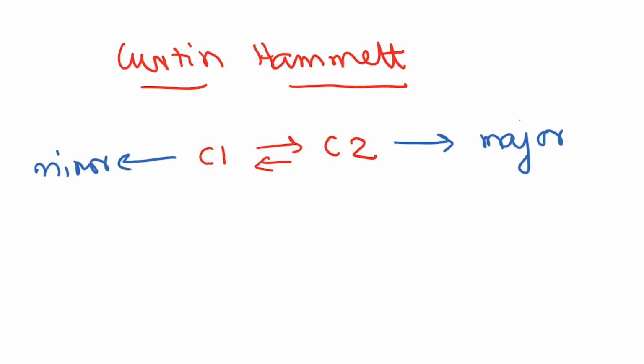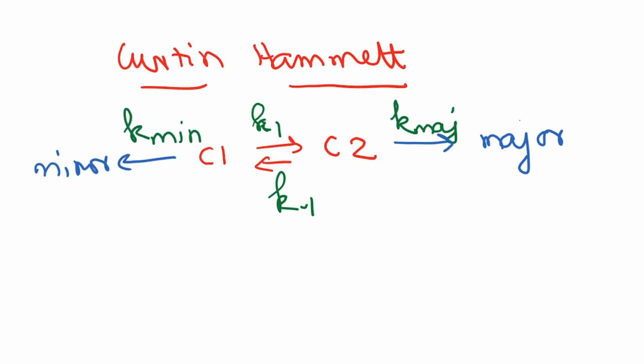Now we can describe each of these processes using rate constants. So let's call this K1, K minus 1, which is the reverse of C2 going to form C1, and let's call this K major, and this is called the K minor.